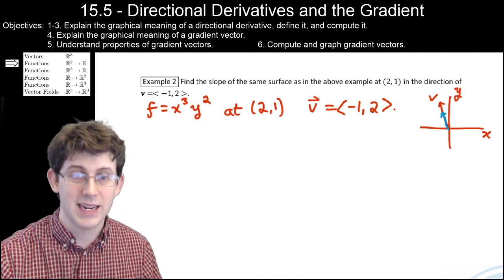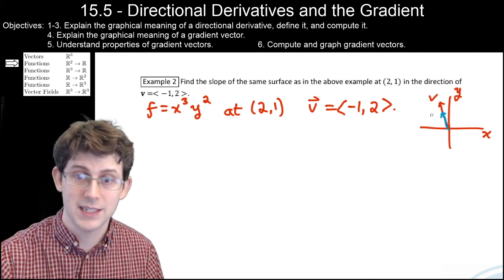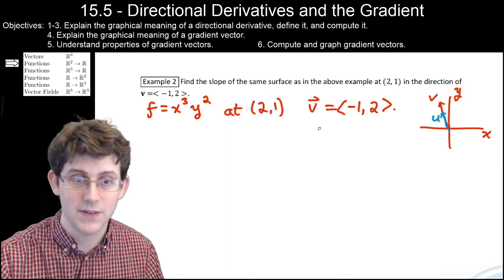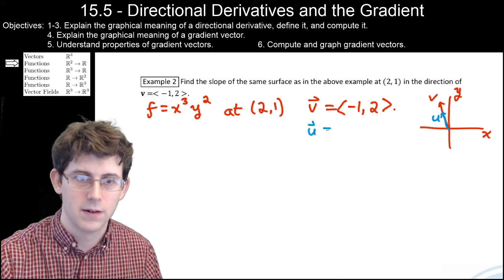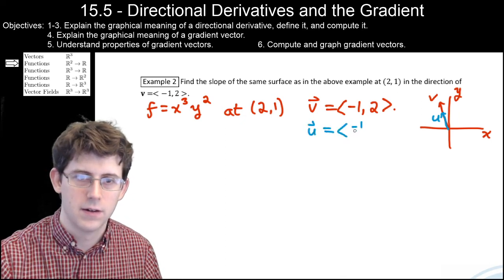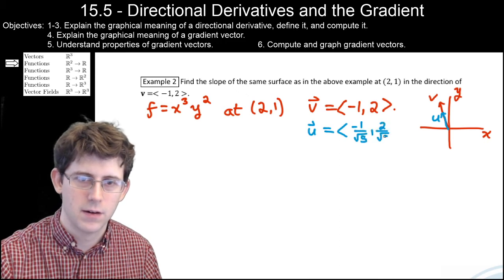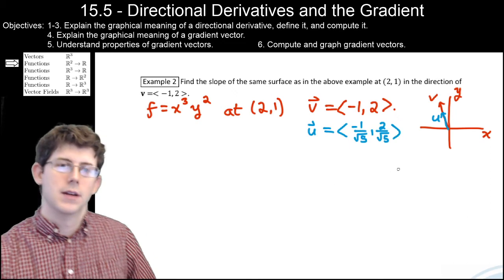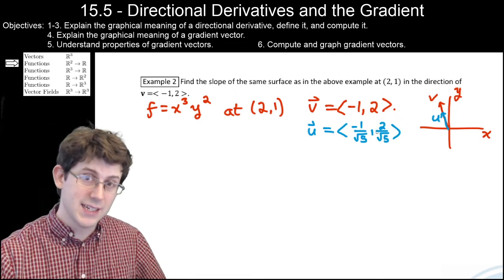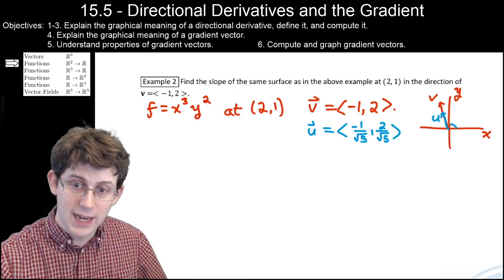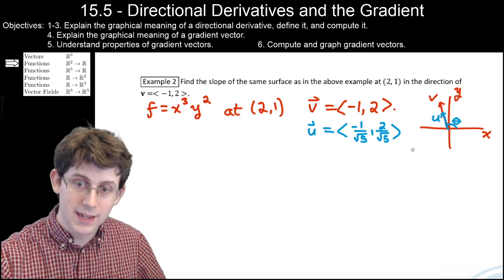This vector has a magnitude of square root of 5, so we'll need to scale it down by the square root of 5. And in particular, once you've scaled it down to be a unit vector, what you've got is cosine theta and sine theta.